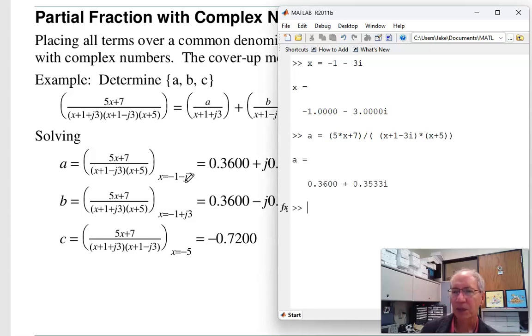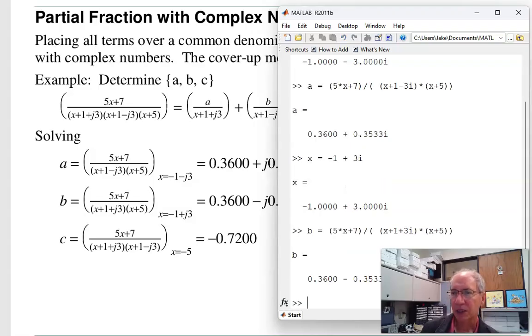There's a. To get b, b is the second term, so x is minus 1 plus j3. In the cover-up method, the numerator is 5x plus 7, denominator is x plus 1 plus j3. There's b. And for c, x is minus 5.